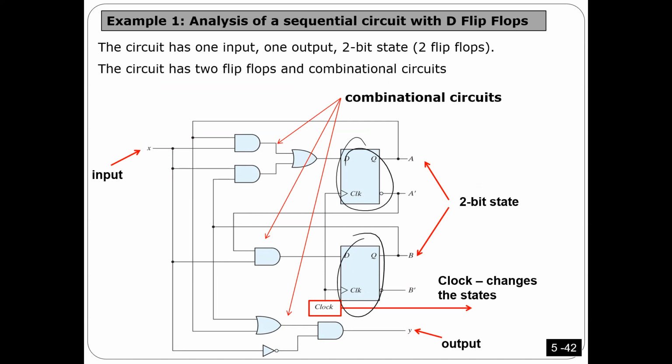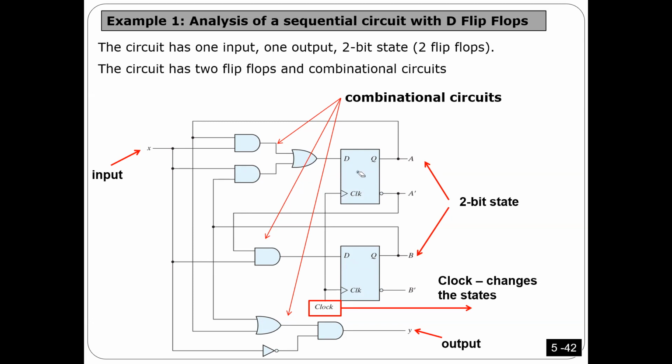As you will see in these examples, you are not always going to have combinational circuits, but all the time, in the case of sequential circuits, you have flip-flops. As you see here, because this is synchronous or clocked, all the flip-flops are connected to the same clock. That's why they are synchronized. They change at the same time.